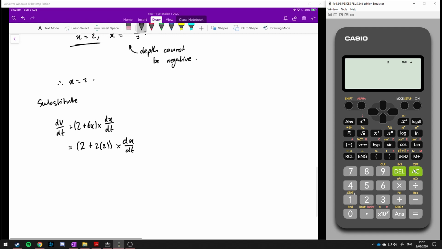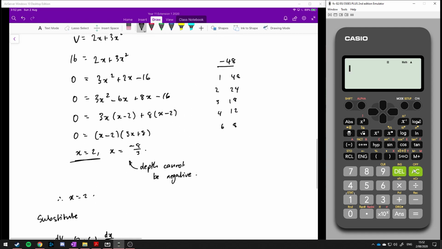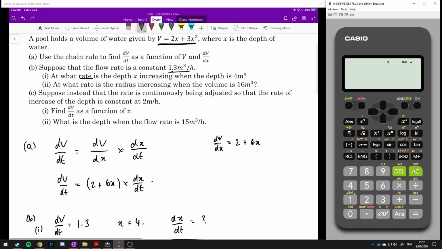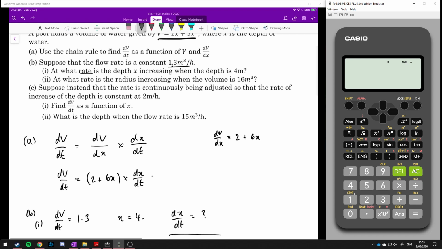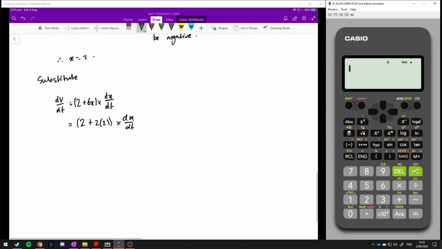And we've been told about this, that's dV/dt. So dV/dt, I think I need to scroll back up, dV/dt is equal to 16, I'm pretty sure.